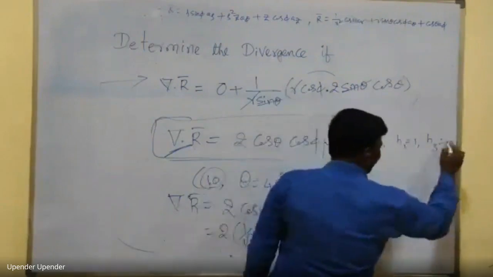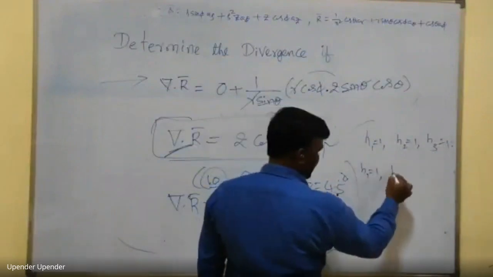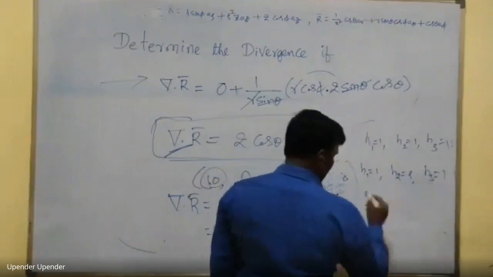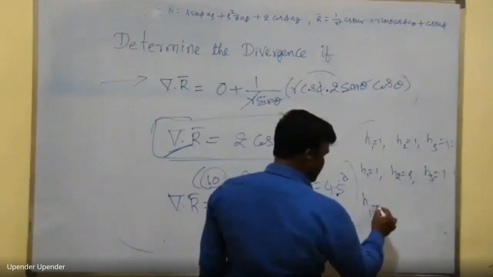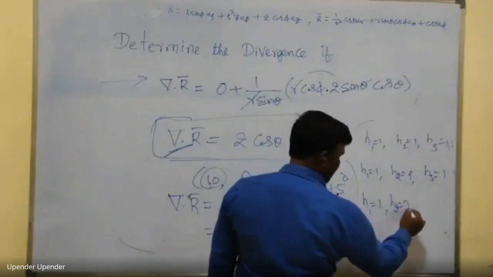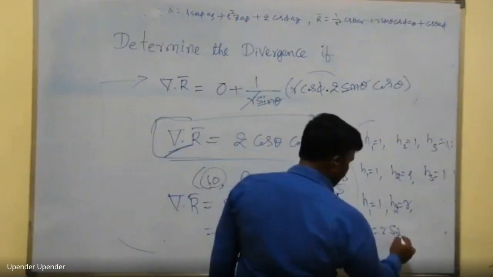In cylindrical, h1 is 1, h2 is rho, h3 is 1. And in spherical, h1 is 1, h2 is R, and h3 is R sin theta.